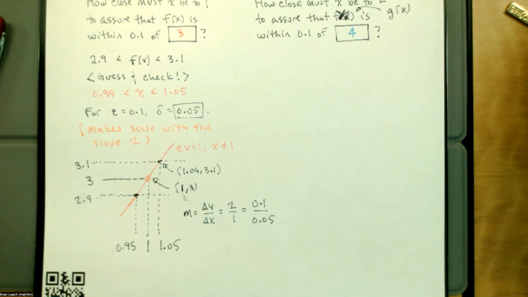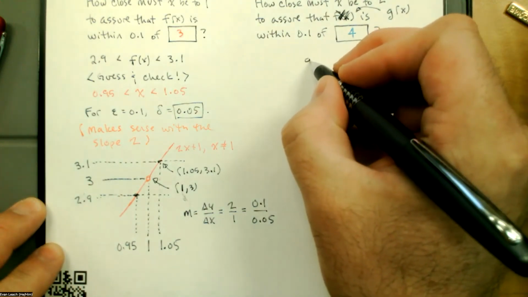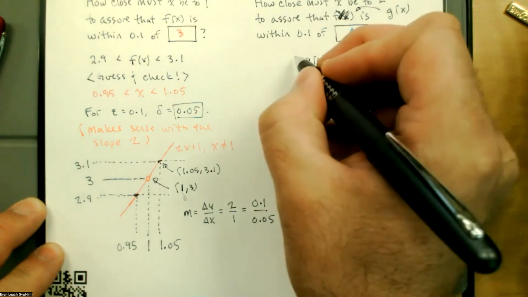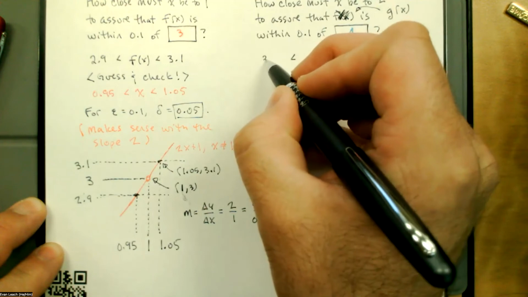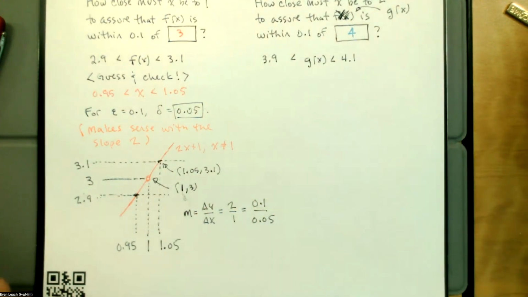And we're going to do the same thing. We're just going to plug in some values until we are within 0.1 of 4. What we want to happen is for g of x to be less than 4.1 and greater than 3.9. And we're going to activate guess and check.